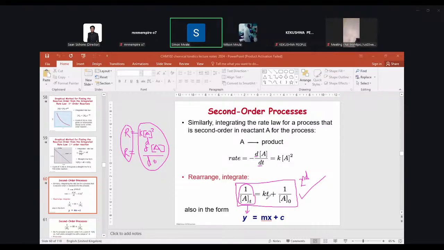Then your gradient, which is your m, is the same as k. So you can see this time the gradient is a positive gradient. Then your x-axis is t. Then your y-intercept is 1 over the initial concentration of A. So this is an equation of a straight line.